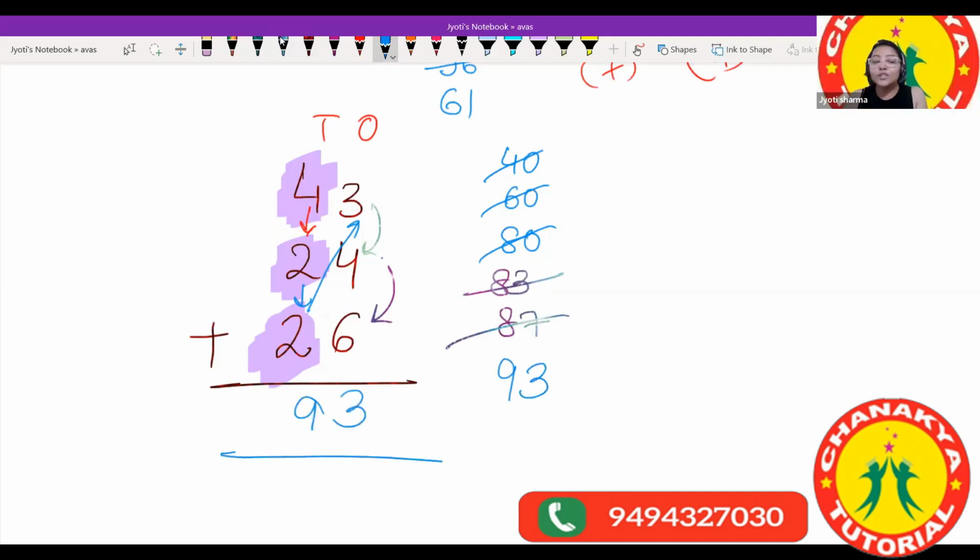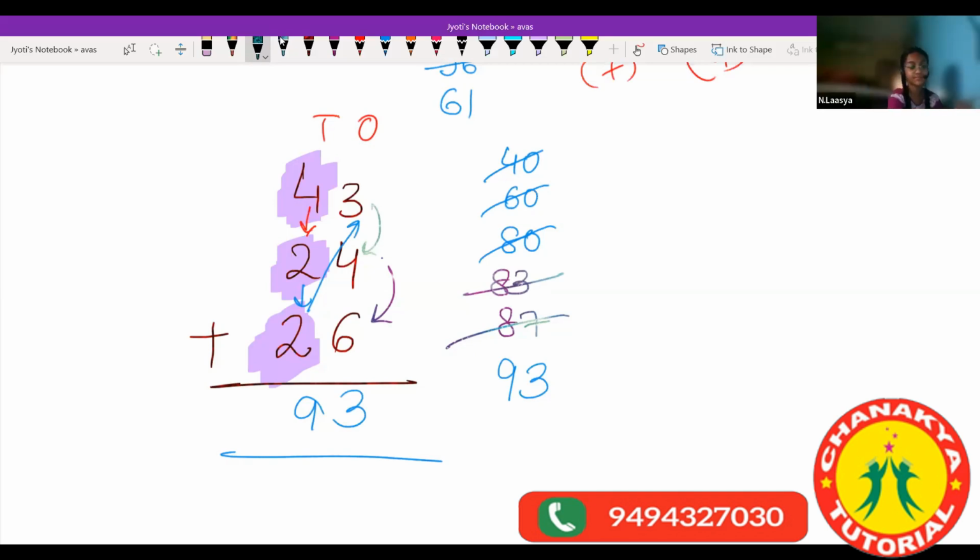Now, did you see? You were moving with the flow and you just found your answer. Did you realize that there is a carryover? No, ma'am. You didn't even realize that if you do it with your normal maths, there is a carryover, right?